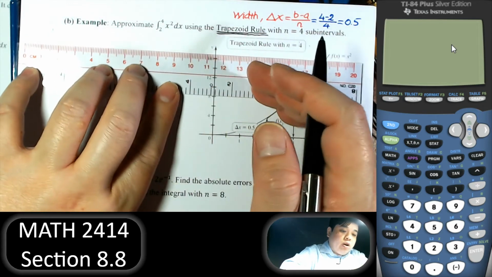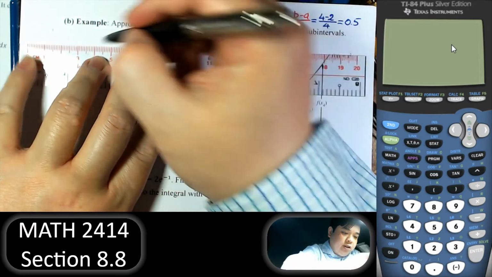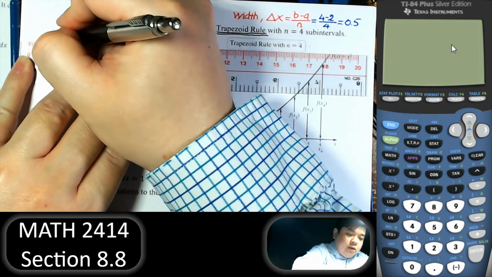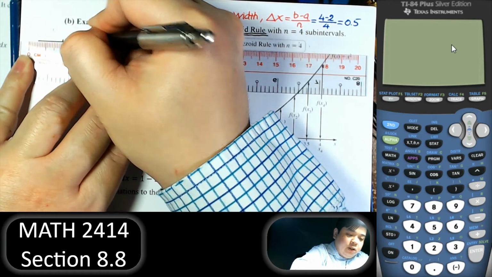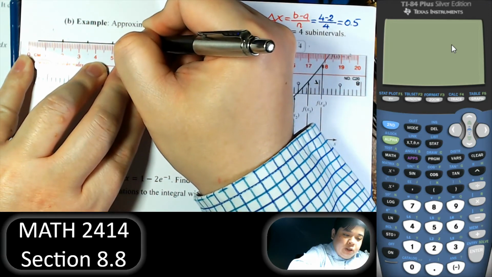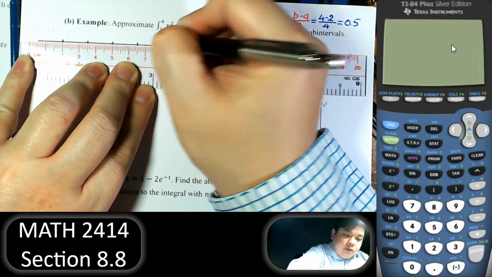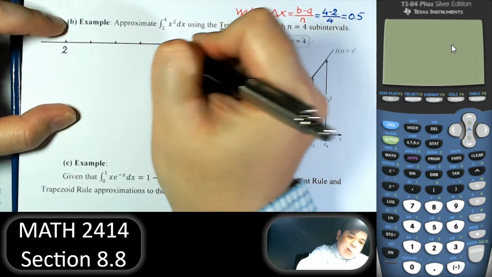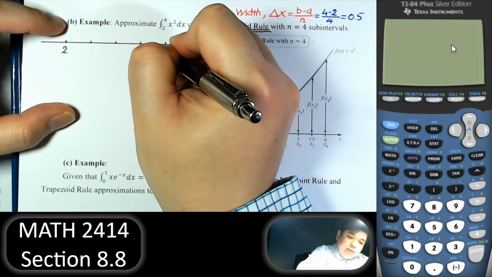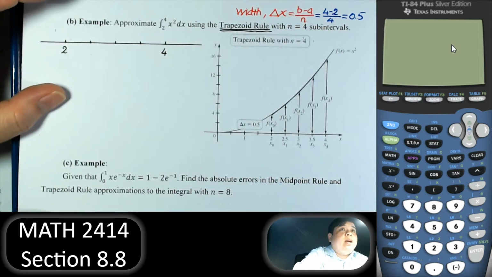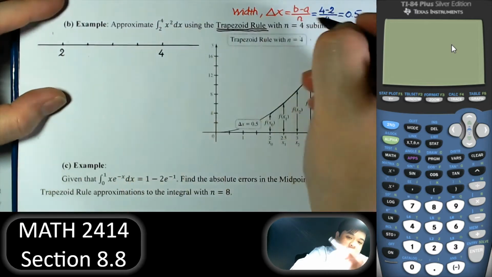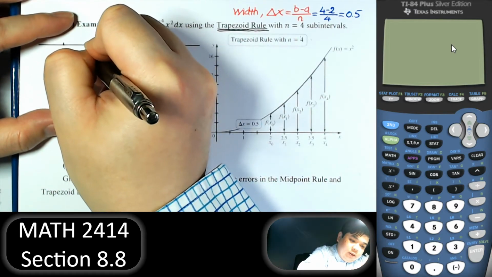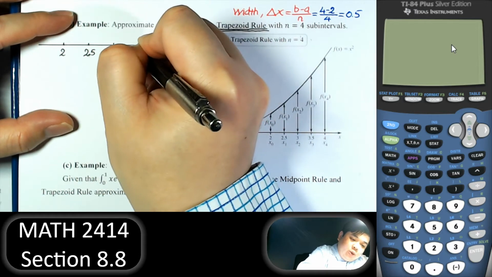So I'll just draw the integral first. 1, 2, 3, and 4, going from 2 to 4. The interval is 0.5, so the increment is by 0.5: 2.5, 3, and 3.5.